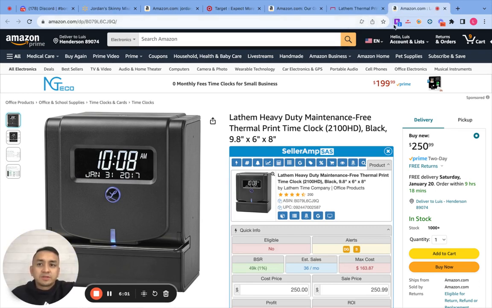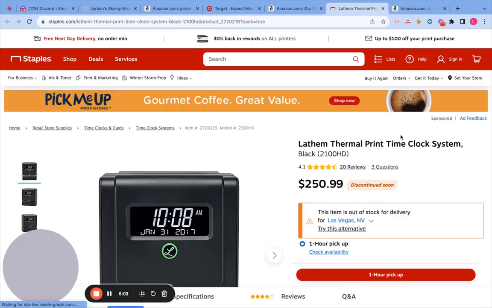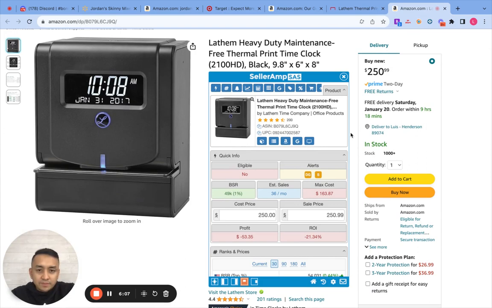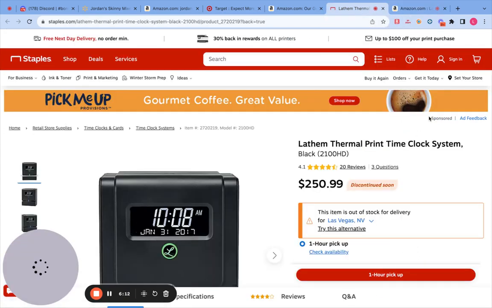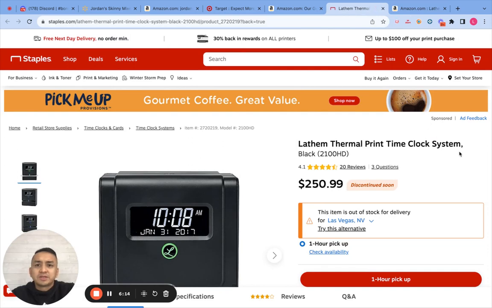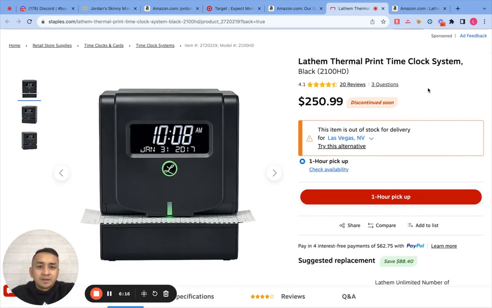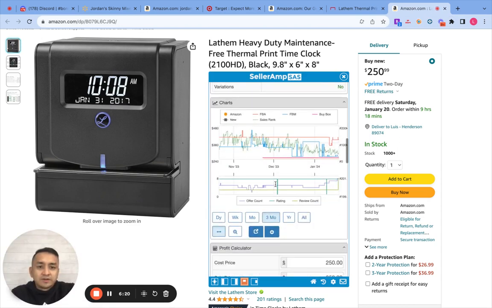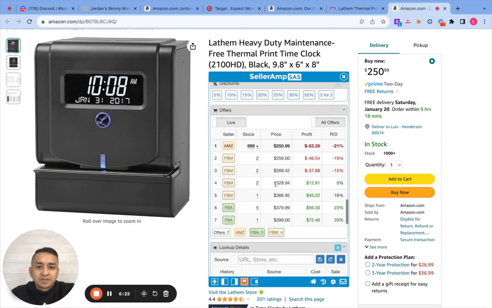It's this one. Let's see. 250 on Amazon and 250 on the same website. Let's see if other sellers are selling it for a higher price. Yeah, they're selling this one for a higher price.